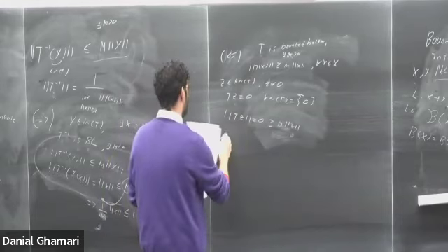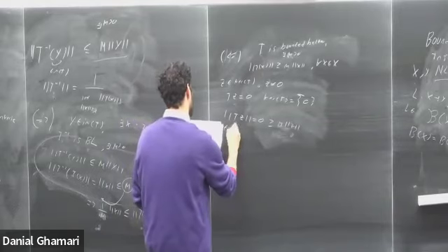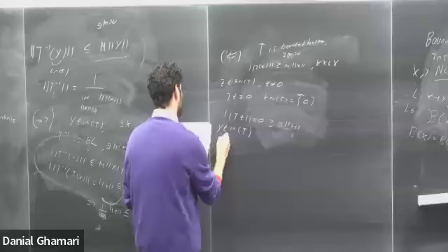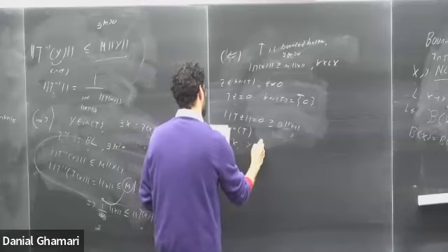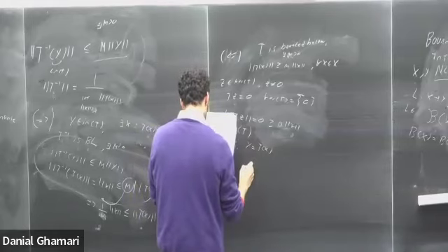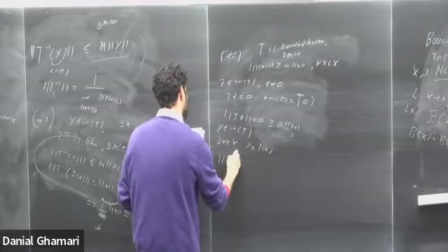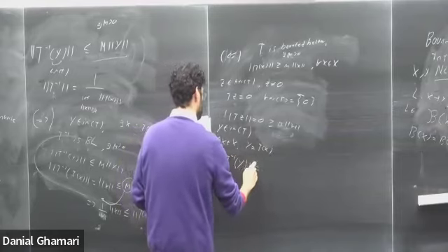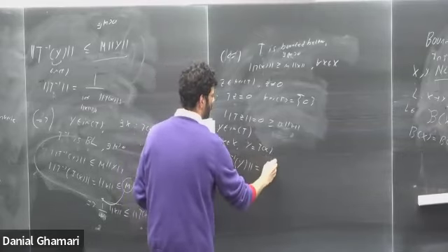So we have T is bounded below. Let's take y, an element of the image of T. Again, that means there exists some x in X such that y is equal to T of x. So then what I have here is that the norm of T inverse of y is equal to the norm of T inverse T of x, which equals the norm of x.